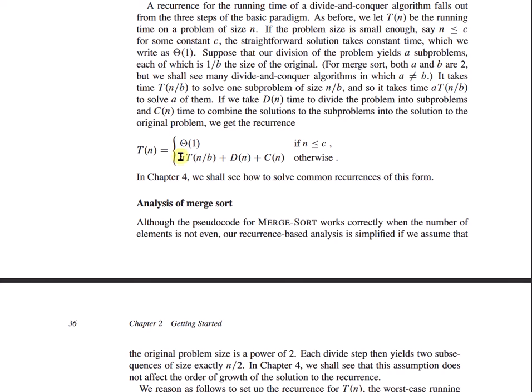There are a subproblems, and the time it takes for one subproblem is T(n by b). D(n) is the time taken to divide into subproblems, and C(n) is the time to combine the solutions.